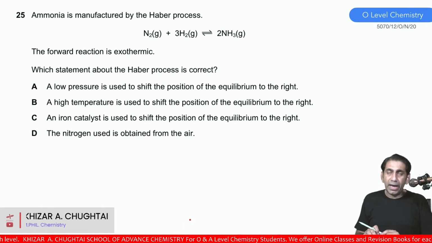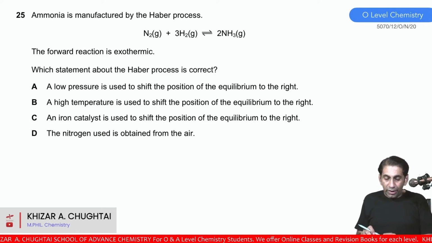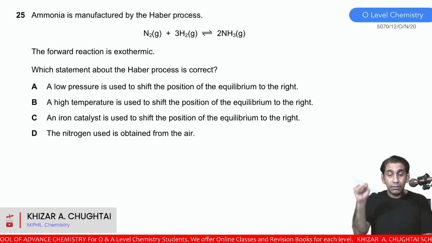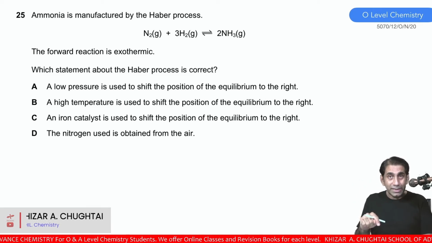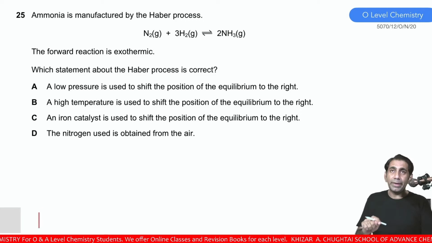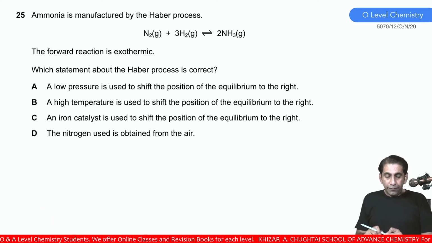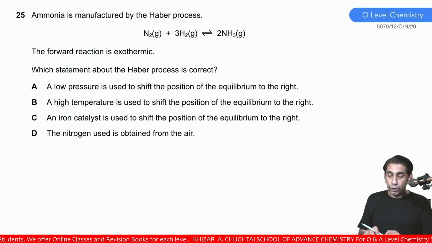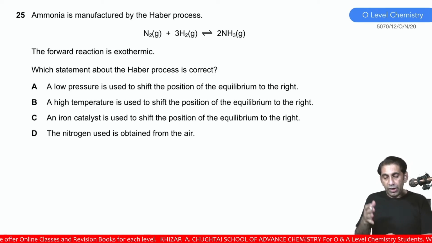Ammonia is manufactured by Haber process. The forward reaction is exothermic, which means that the reverse reaction will be endothermic. Which statement about the Haber process is correct? Low pressure is used to shift the position of equilibrium towards right.